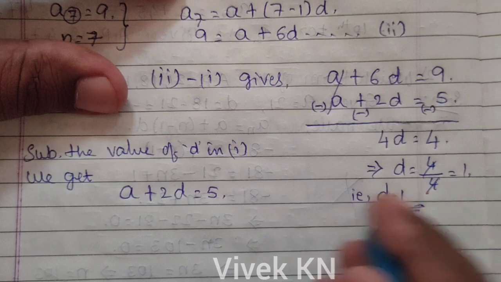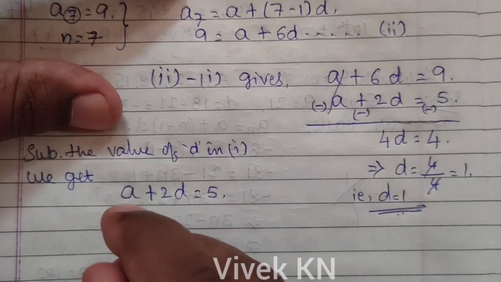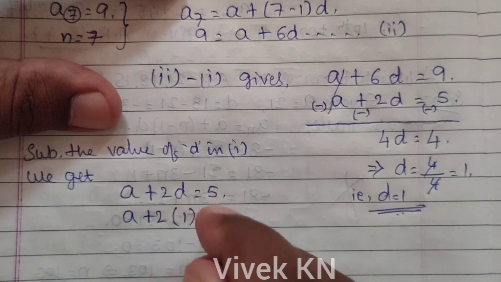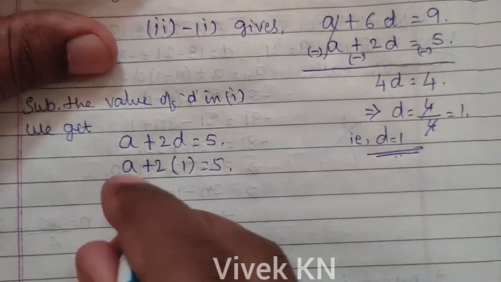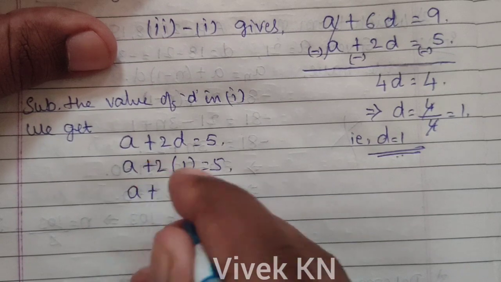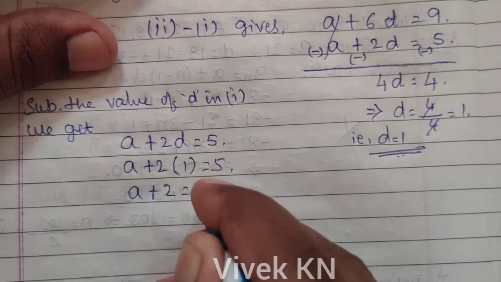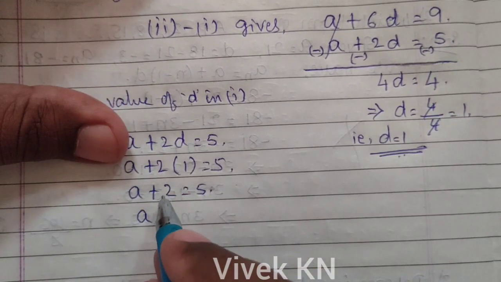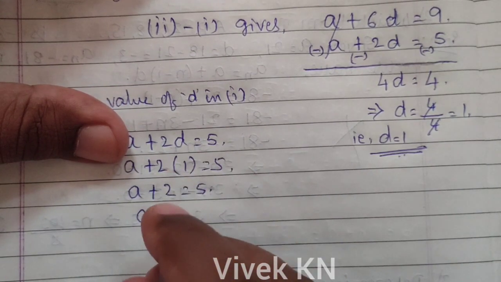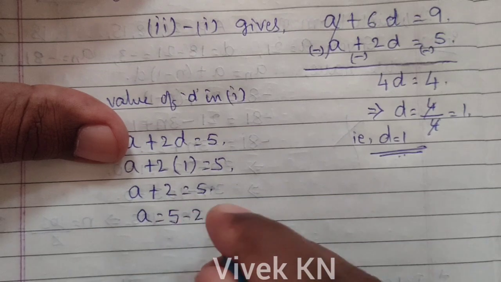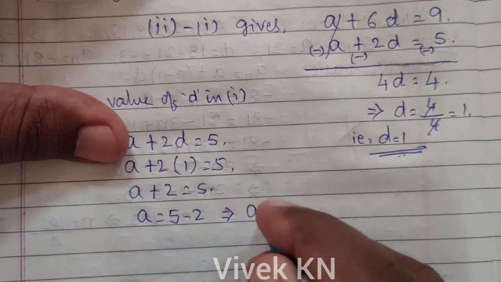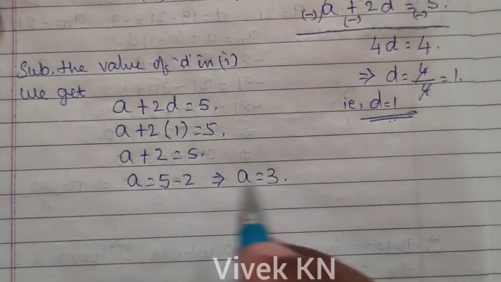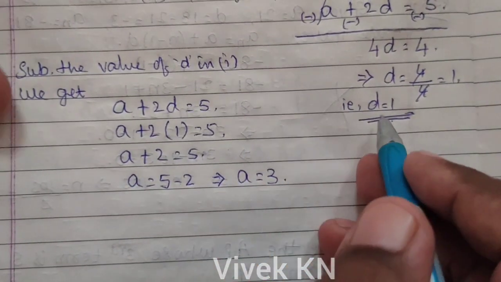Substituting d is equal to 1, a plus 2 into 1 is 2 is equal to 5. That is a is equal to, shifting this plus 2 to the right side, we get 5 minus 2. That is a is equal to 3. Here we found a is equal to 3 and d is equal to 1.